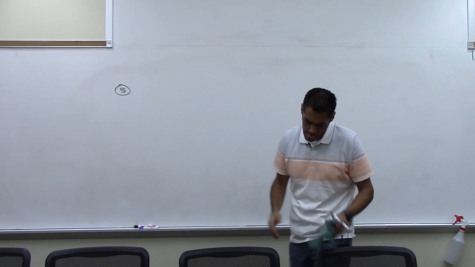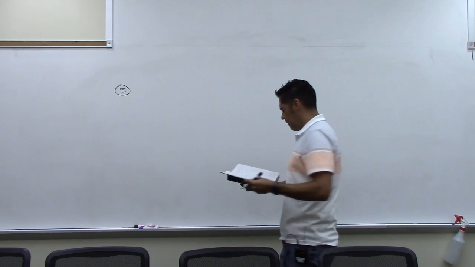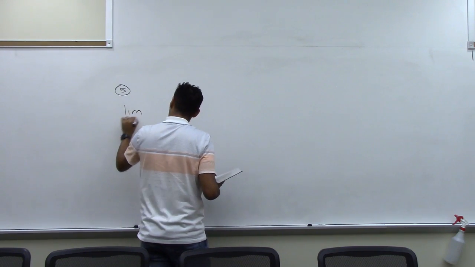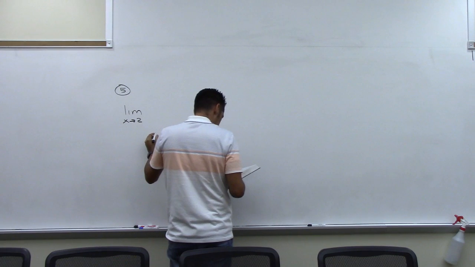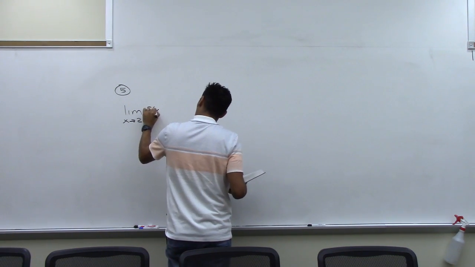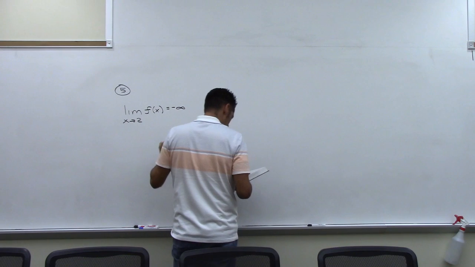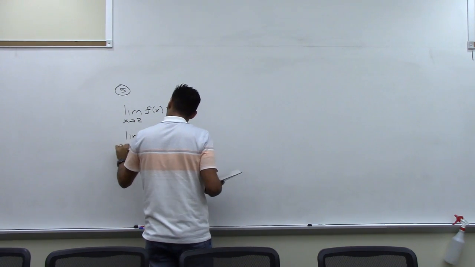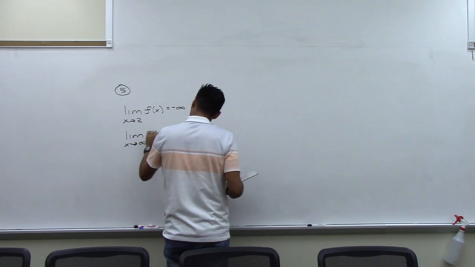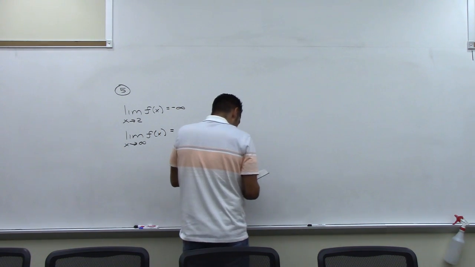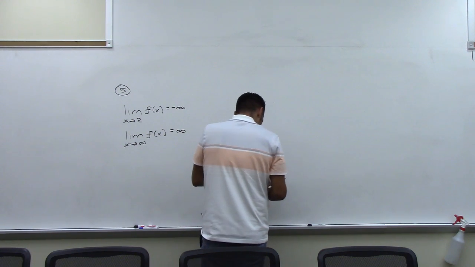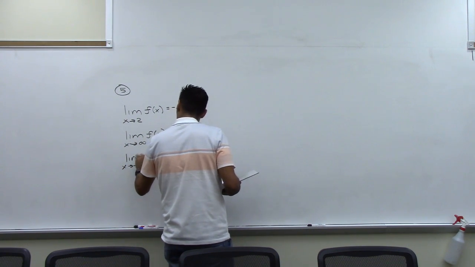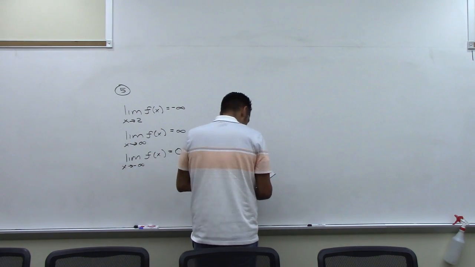For number 5, we want to sketch a graph that has the following conditions met. So we need the limit as x approaches 2 of our function to go to -infinity. We need the limit as x approaches infinity of our function to become infinite. We want the limit as x approaches -infinity of our function to be approaching 0.